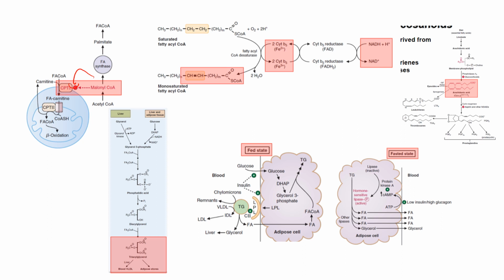Since this process is opposite to beta oxidation, the breaking down of fatty acids, it would make sense that a substrate of fatty acid synthesis would actually inhibit this, because if we are trying to build fatty acids, we don't necessarily want them going into the mitochondria to be immediately broken down. So that's why logically it makes sense that this is an inhibitor. So just know that if things are being synthesized, they're going into the mitochondria less.